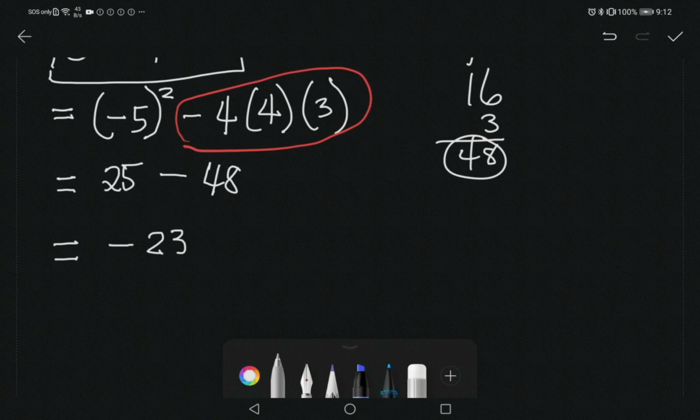So, kay negative man na siya, ang imong nature sa roots, basta negative, ang imong isulat diha has no real roots.